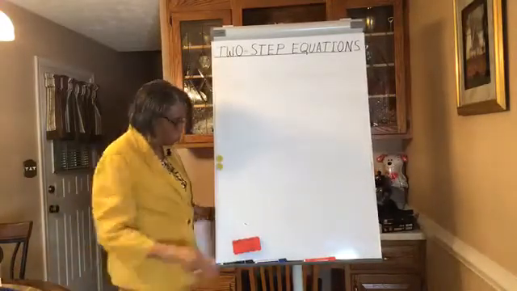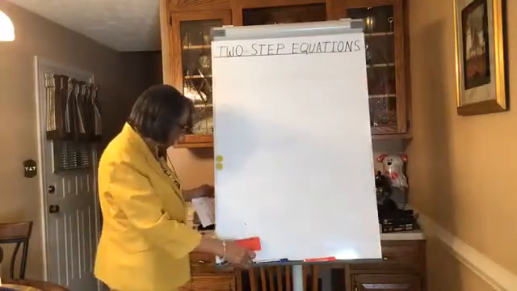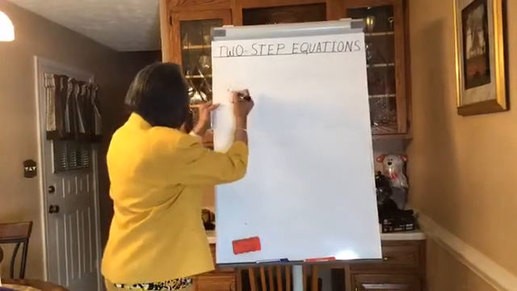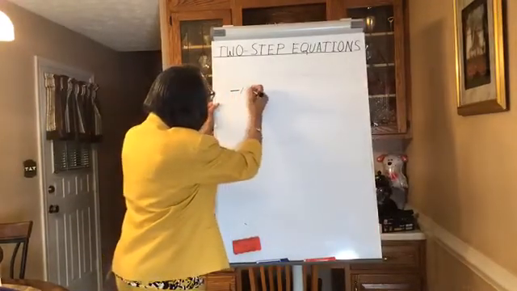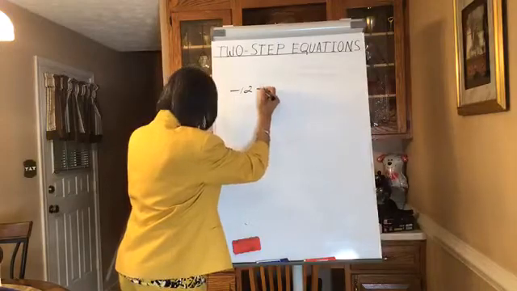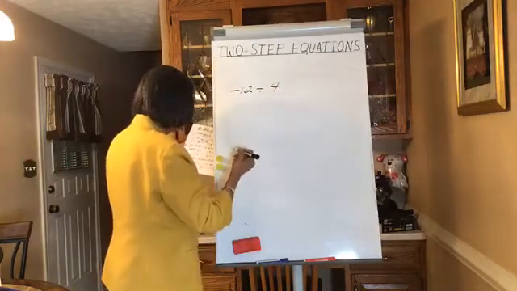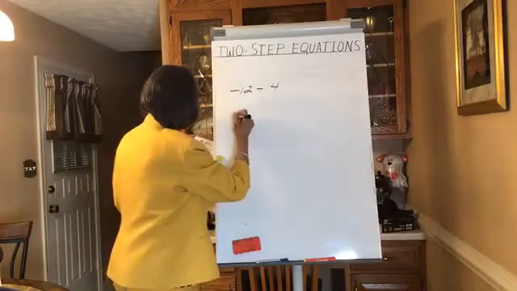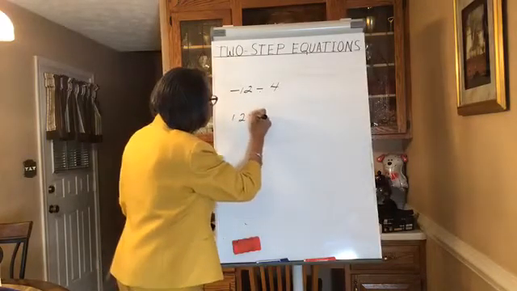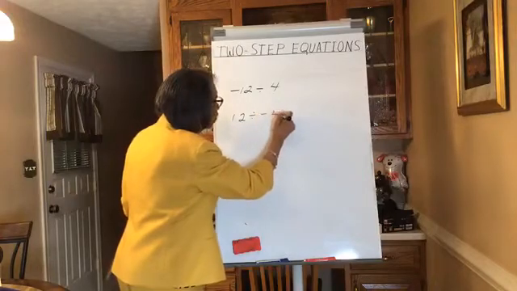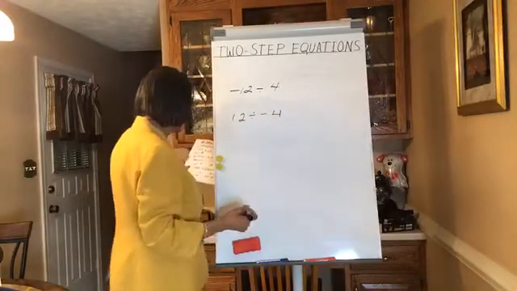All right, for division, let's try these. -12 divided by 4. All right, let's do 12 divided by -4.